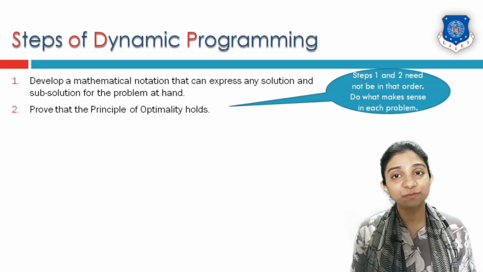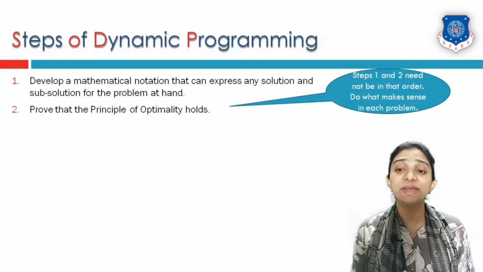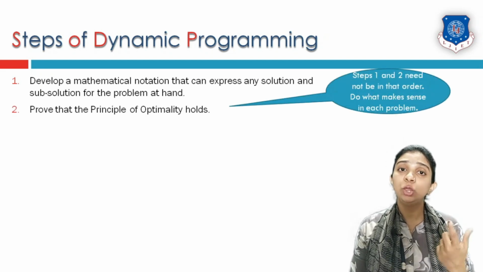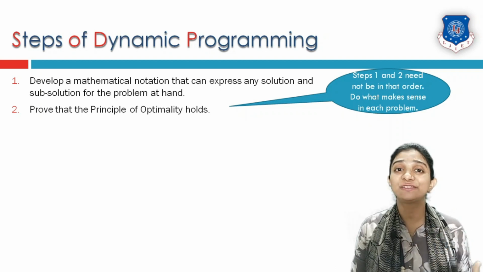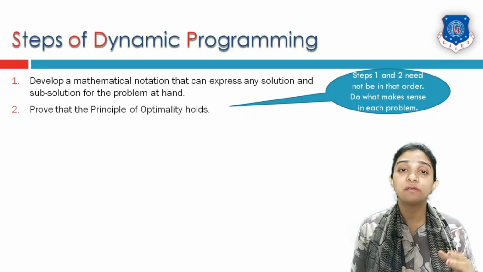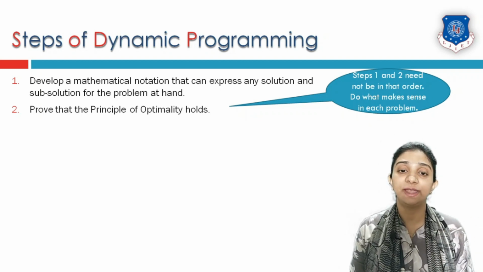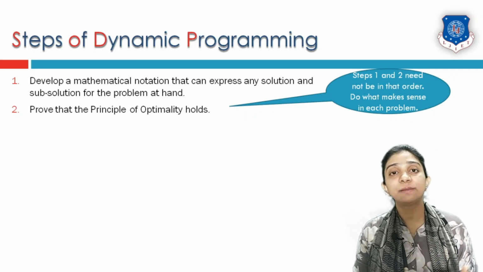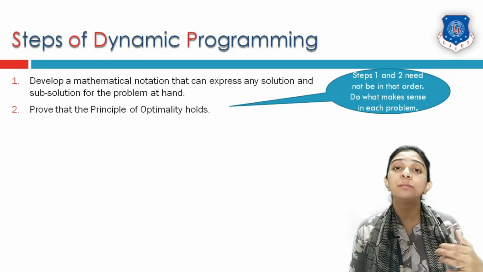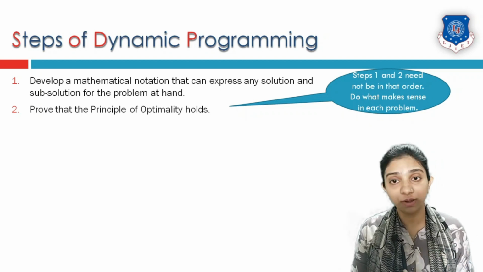Now, what are the steps of dynamic programming? The first step is to develop a mathematical notation. You need a mathematical expression which gives the solution of a sub-problem of the given problem. The second step is to prove that the principle of optimality holds for the given problem.